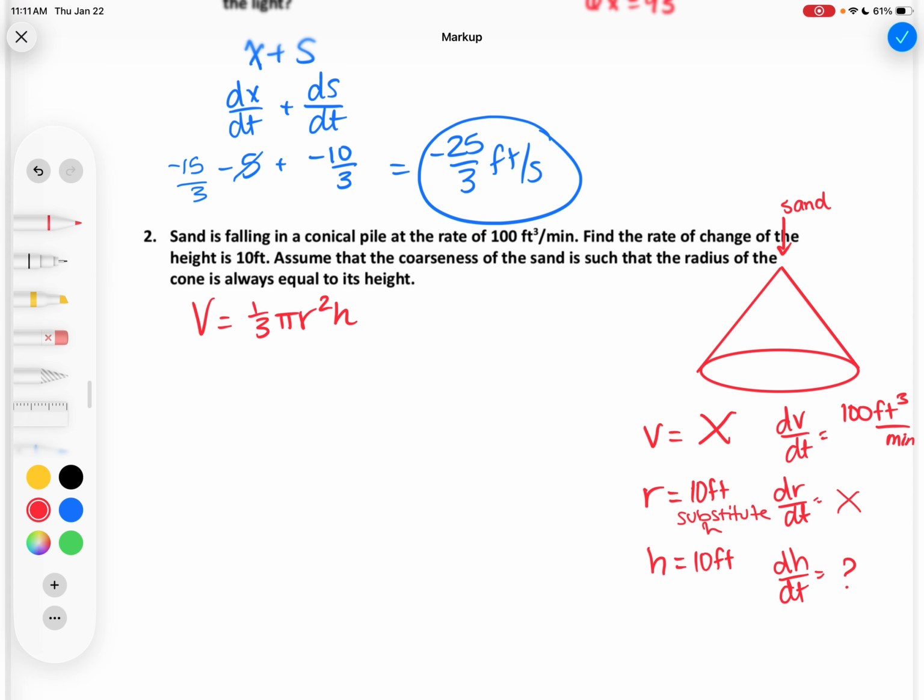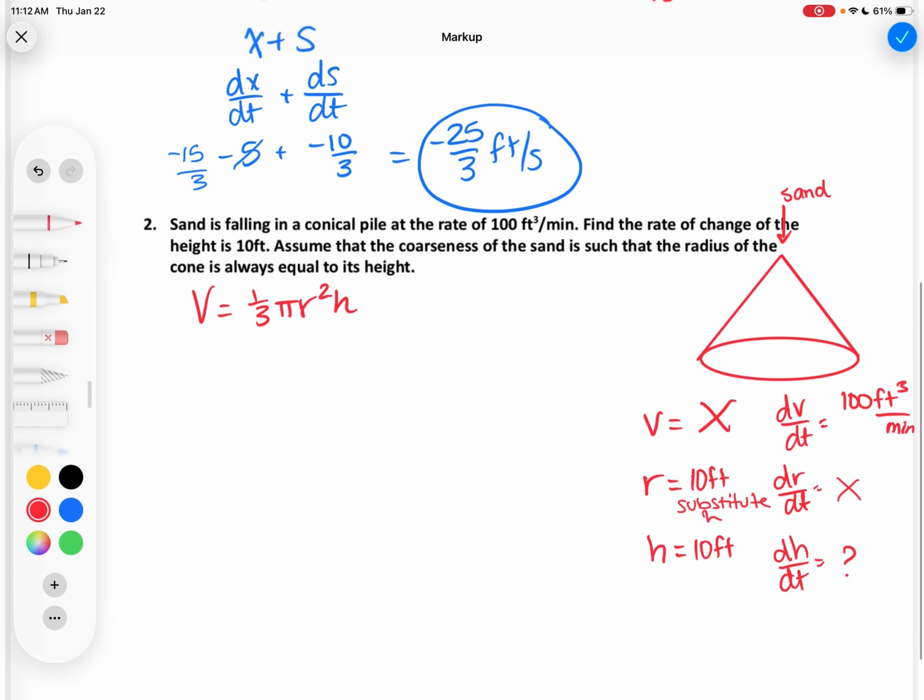Yep. Okay. That's actually exactly what I would do, because if I was solving for dr/dt and I didn't have dh/dt, then I would do it as r cubed. But since I don't have dr/dt, and I'm solving for dh/dt, yes, replacing it with h would be exactly right. So we would have V equals 1/3 pi h cubed.